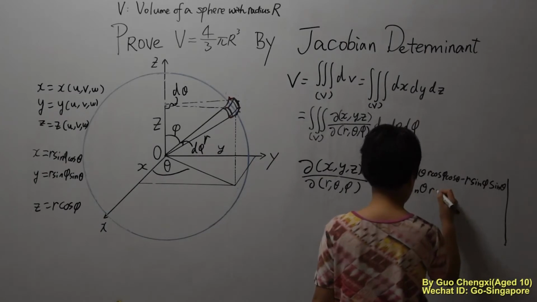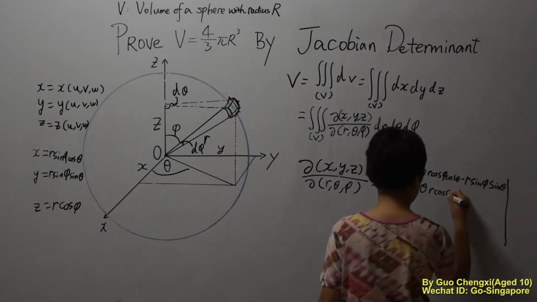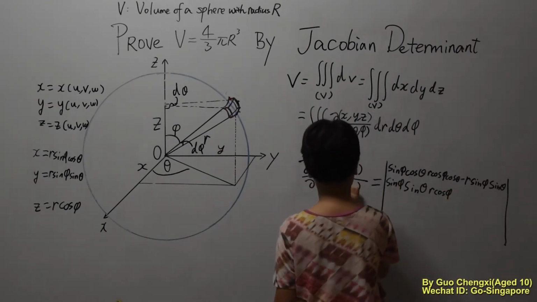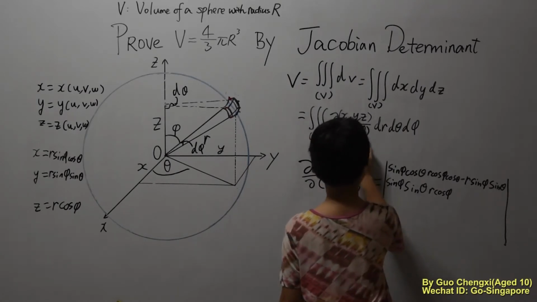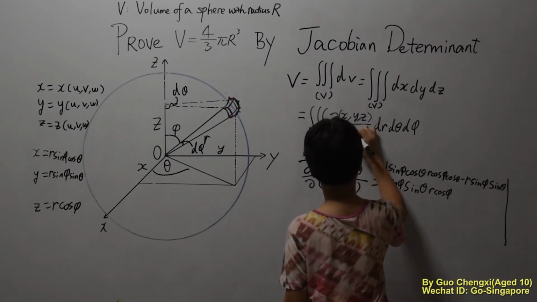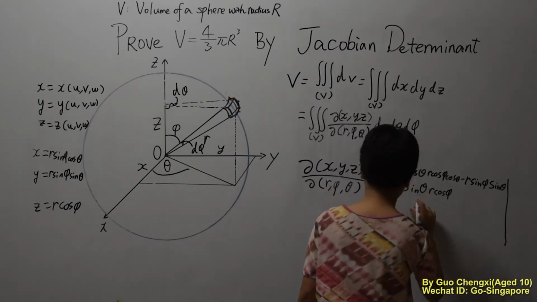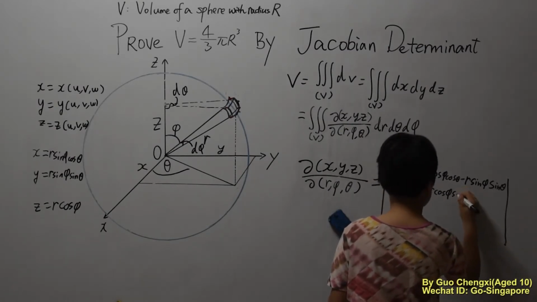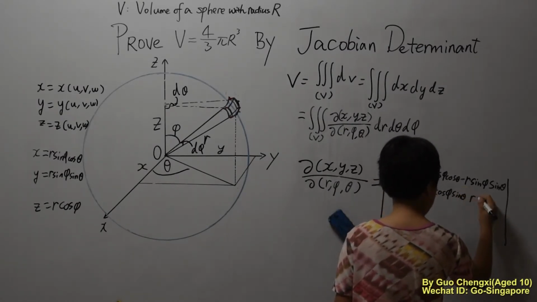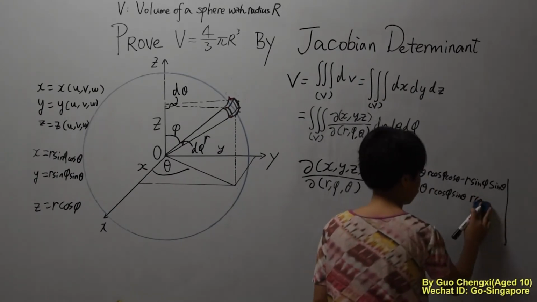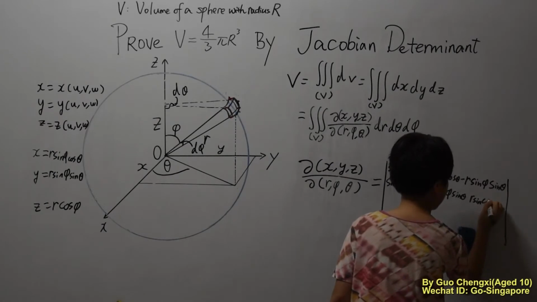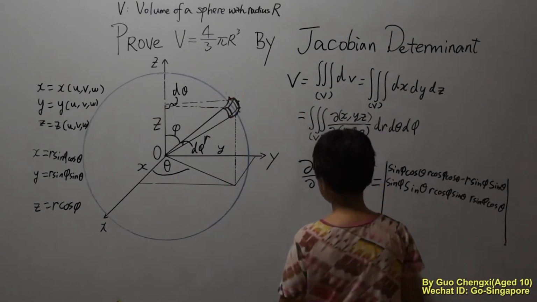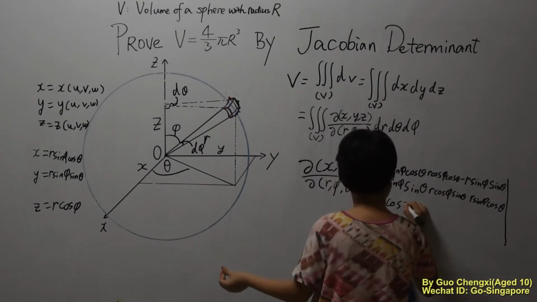Then after that, r cosine phi sine theta, then r sine phi cosine theta.